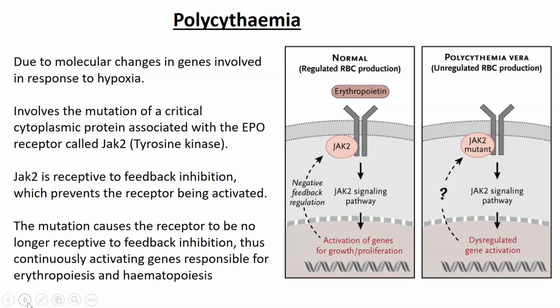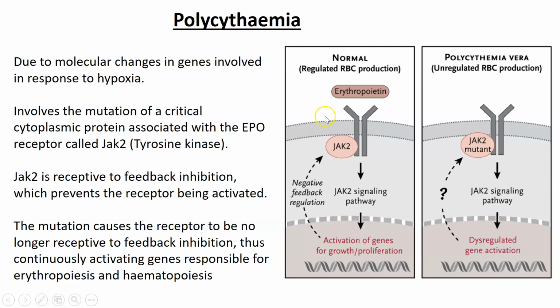Imagine the situation where a certain level of erythropoietin is produced, and you get a certain level of red blood cell manufacturing going on. This is how it would normally work. Erythropoietin would bind to the erythropoietin receptor. That receptor would then initiate a series of events inside the cell, which leads to an upregulation of those genes responsible for the manufacturing of red blood cells.